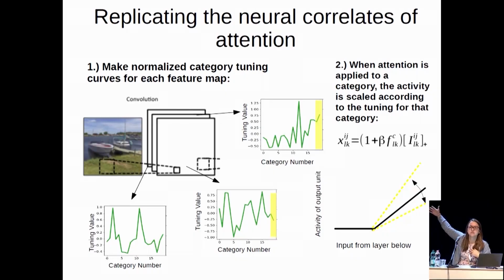So I just increase the slope of that input-output function for that feature map. For the feature map down here, it slightly dislikes the category that I'm attending, so its slope will be scaled downwards. The tuning tells you the direction and the relative amount, and then there's this overall parameter called beta, which is just how much you're scaling everything.